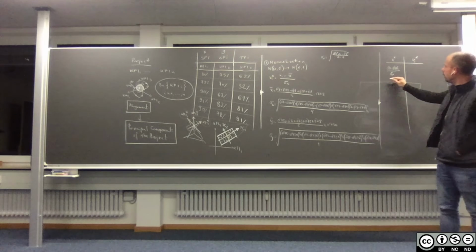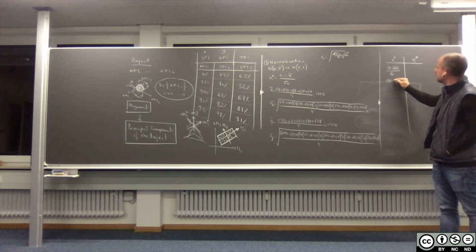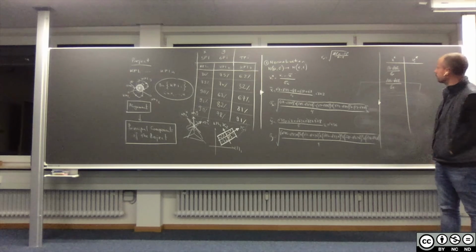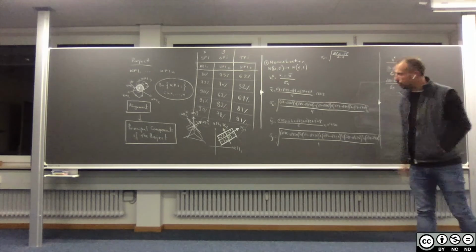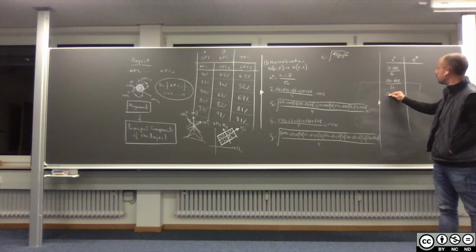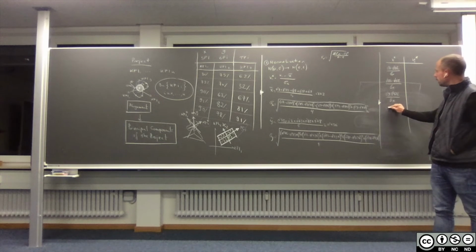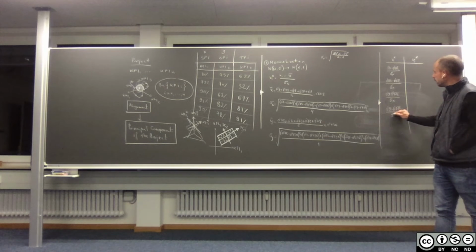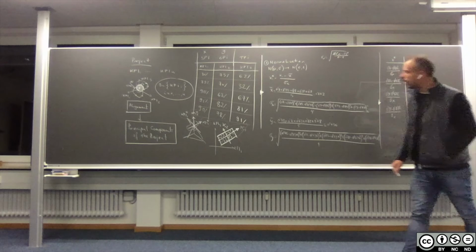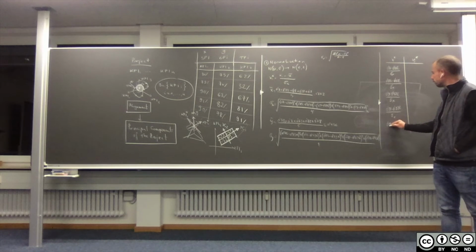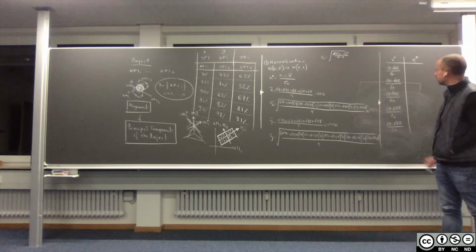Then 0.85 minus 0.872 divided by this number, and so on and so forth. Okay, 0.9 minus 0.872 divided by that number, 0.91 minus 0.872 divided by that number, and 0.9 minus 0.872 divided by that number.